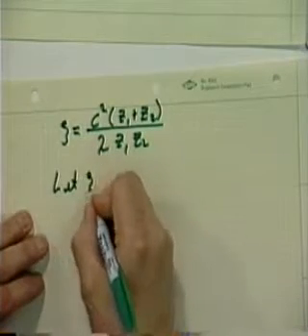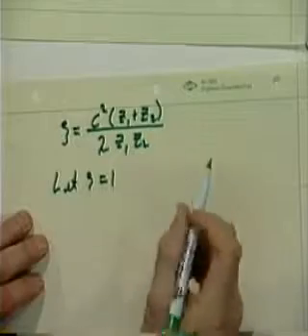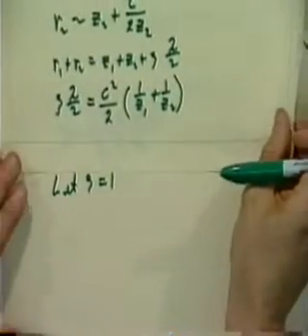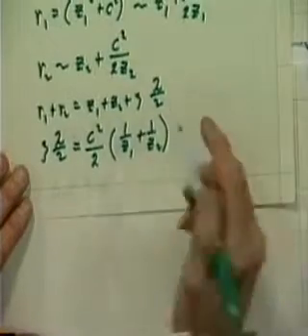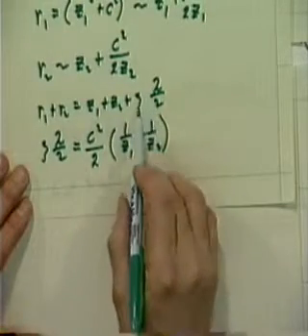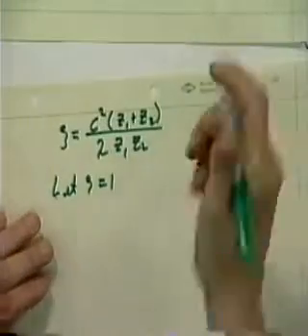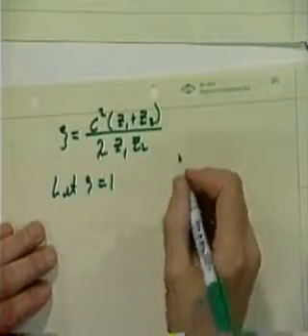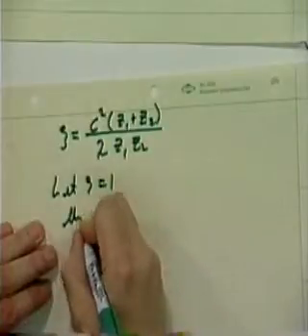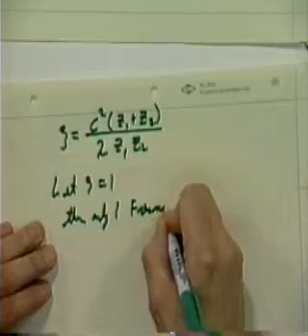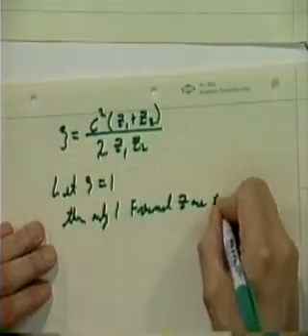Now let squiggle equal 1. If squiggle is equal to 1, and we think back in terms of the Fresnel zones, that means we have only one Fresnel zone present.